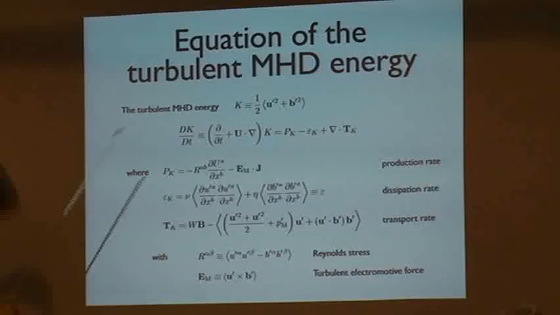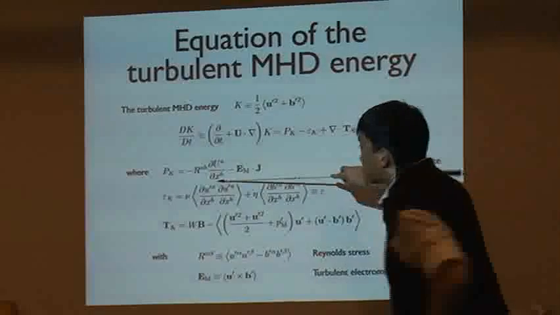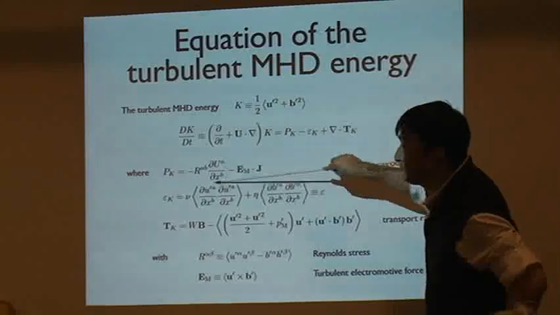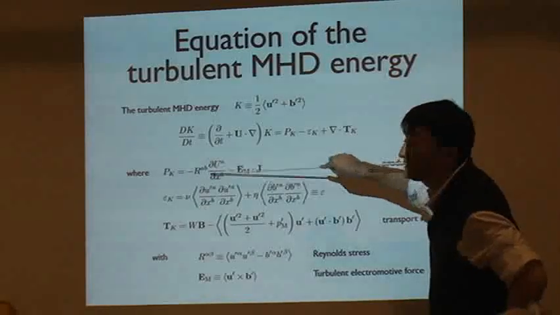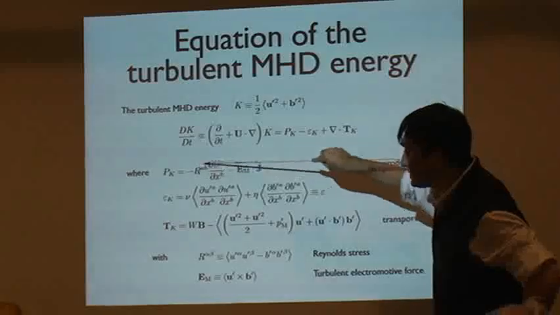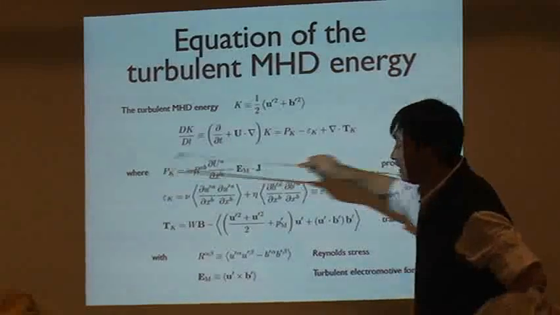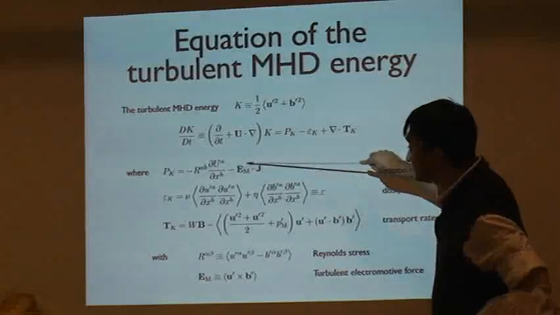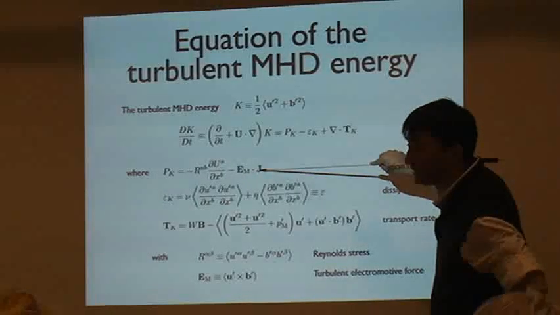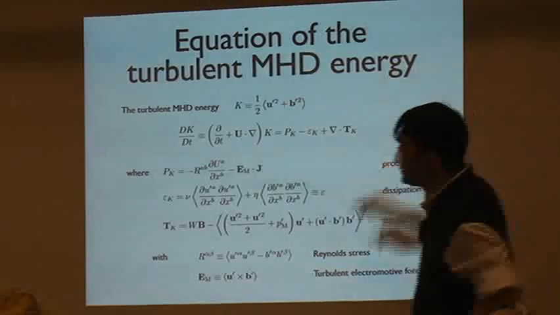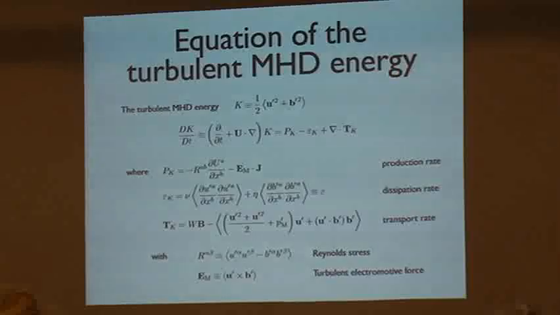This shows the production rate. As you know, mean velocity shear coupled with Reynolds stress produces turbulence. Also, if we have electromotive force coupled with current, it may produce turbulence.